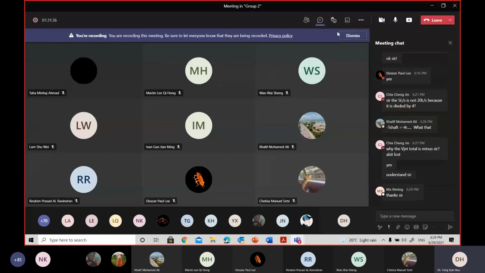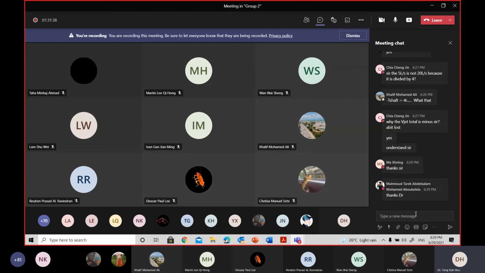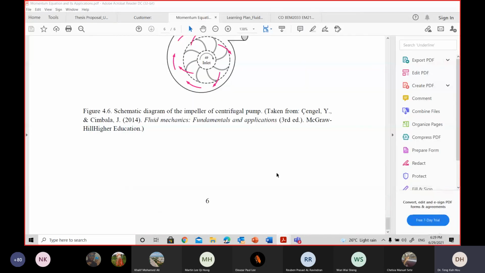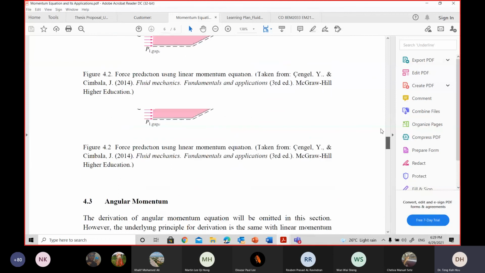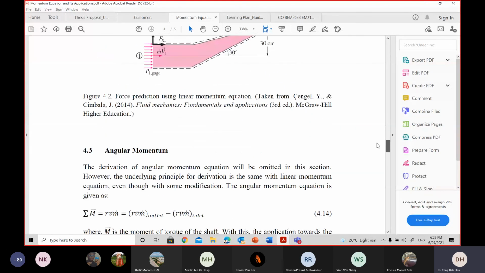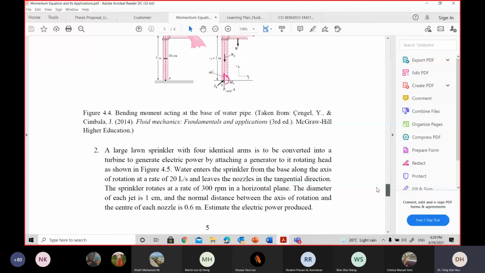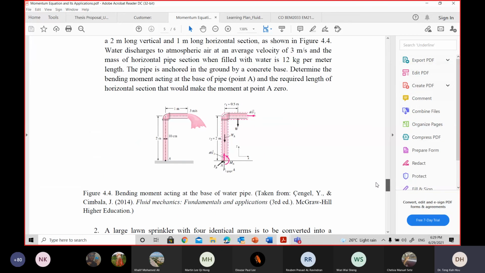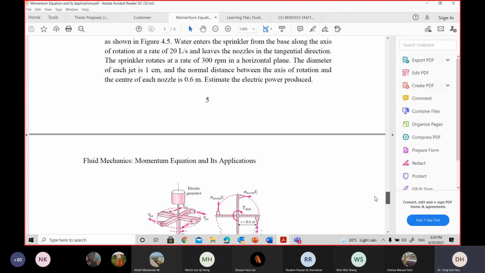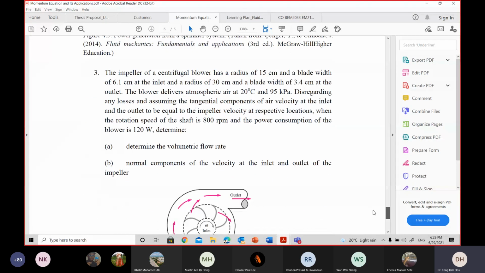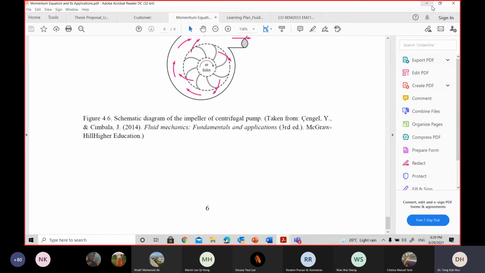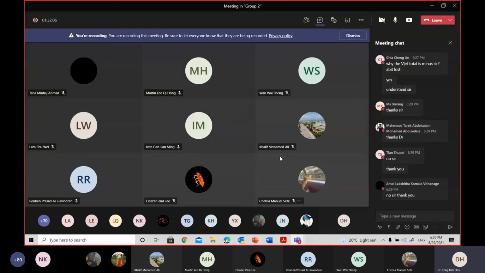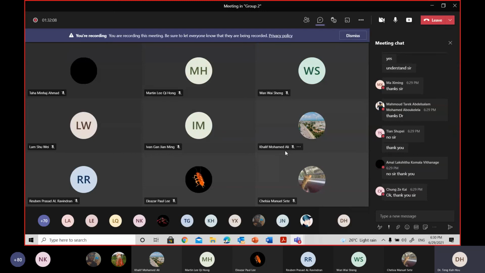Any questions, class? Okay, I hope you understand what's going on, and please try the questions, chapter 4. Okay, and I will post the answers later, and most of the answers are already here, but please don't refer to the answer and redo one more time, so you should be able to get a very good understanding of this. Okay, and next class I'm going to show you some examples as well.